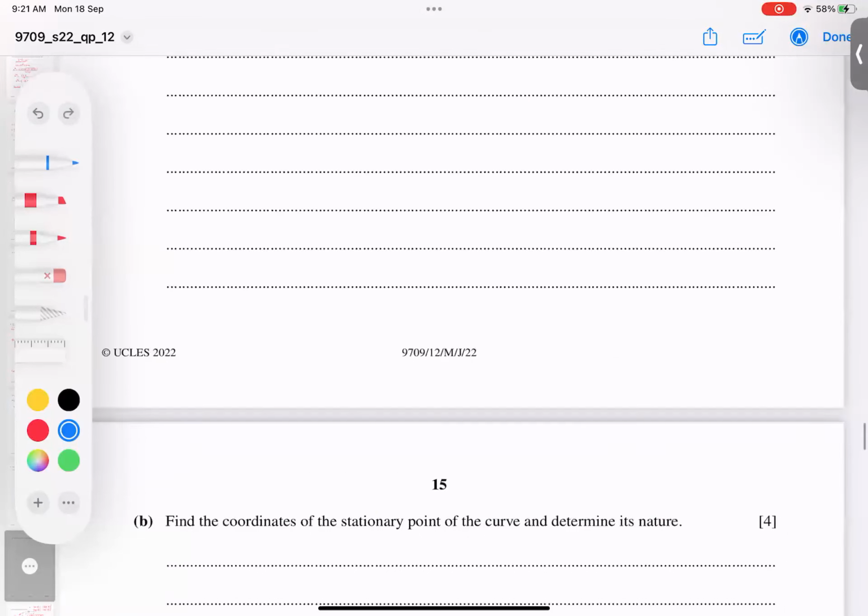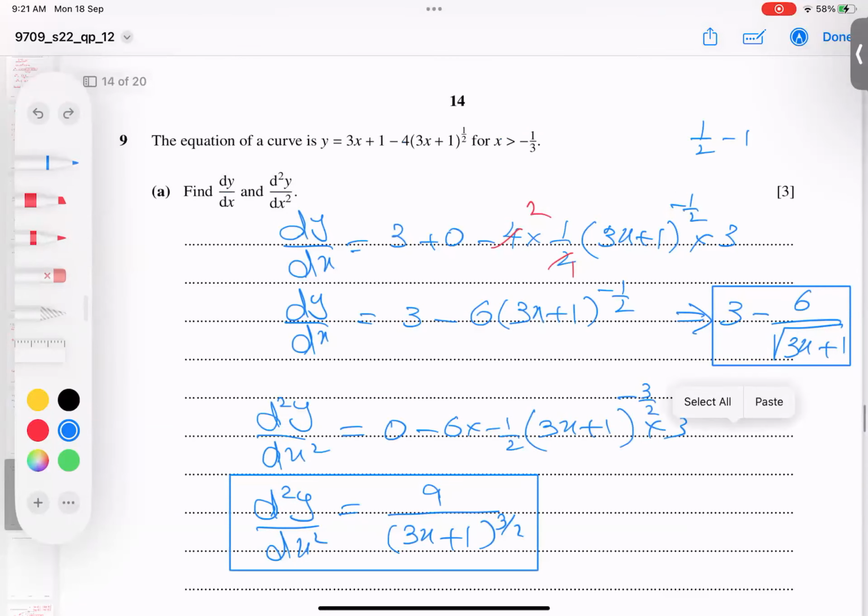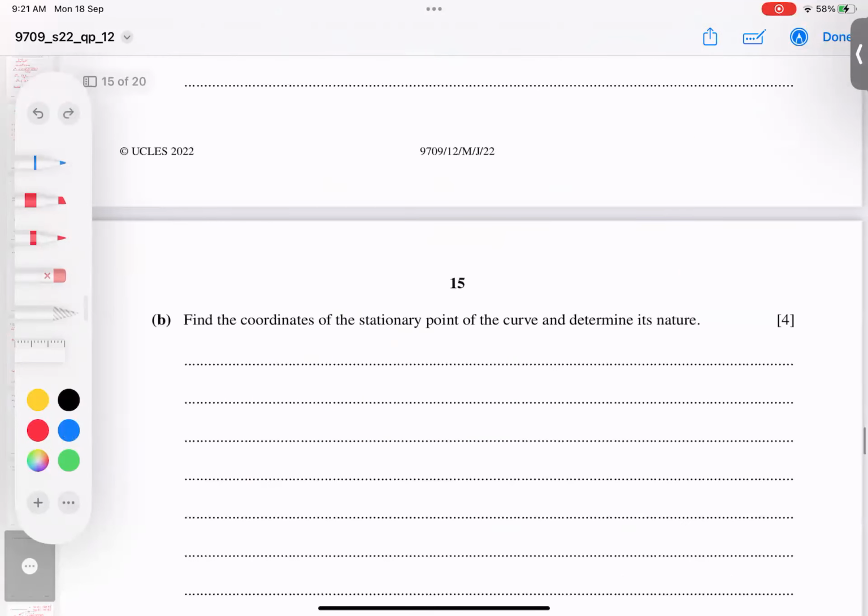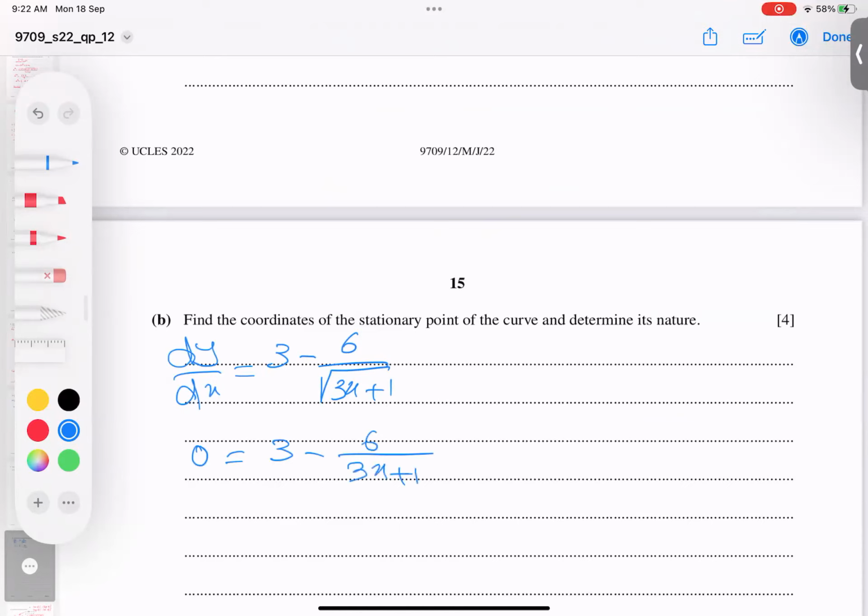Whenever we find a stationary point, we always have to put the first derivative equal to 0. So I'm going to put here the first derivative we have already, and I will put 0 here. The whole thing with the negative sign, I will bring to the left side.